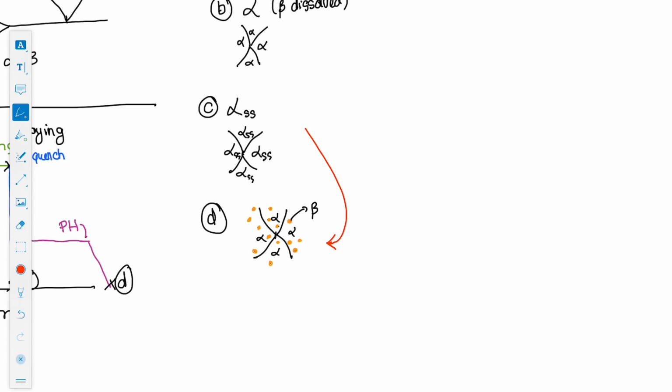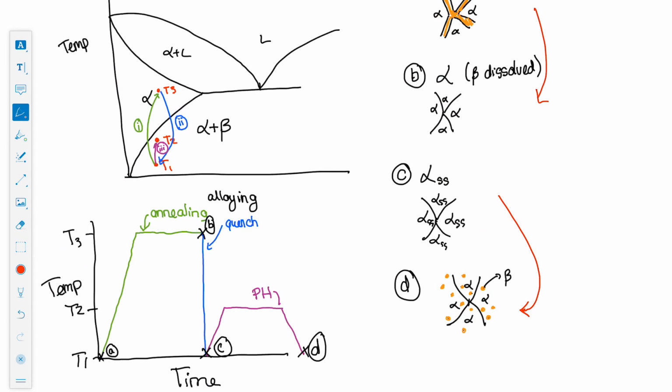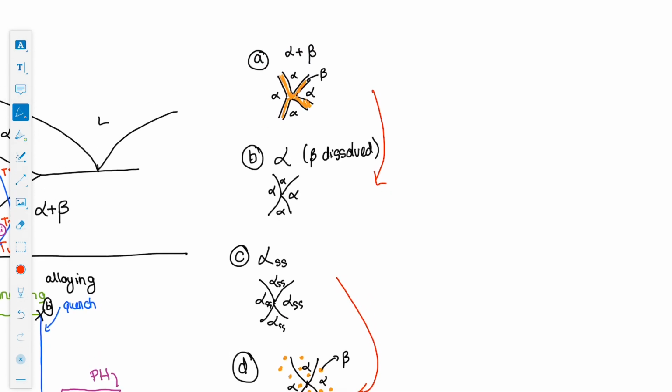alters mechanical properties. However, if we go back and we look at the difference from A to B, so from our original sample to our annealed sample, there's a pretty distinct difference in the structure, where we have alpha and beta initially, and then we have beta dissolved at point B. And so this can also impact material properties.